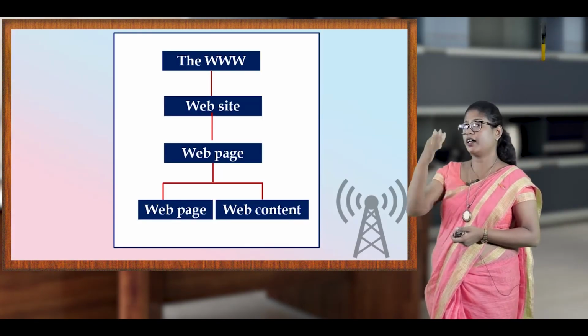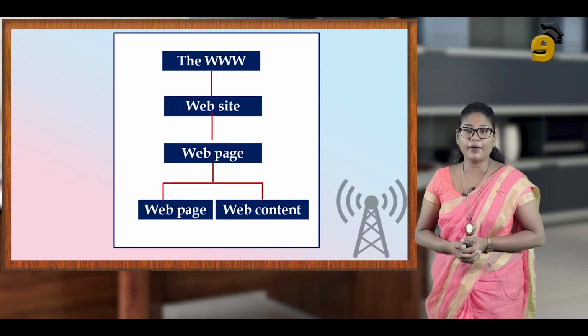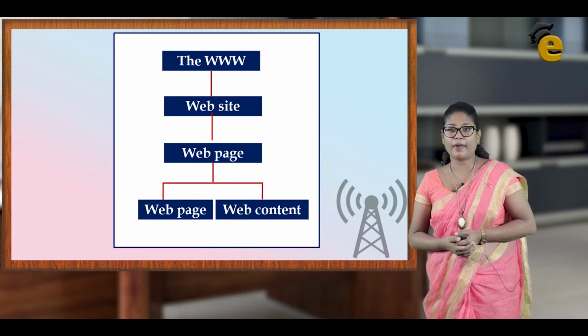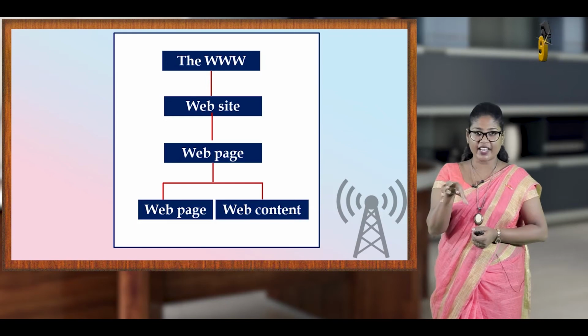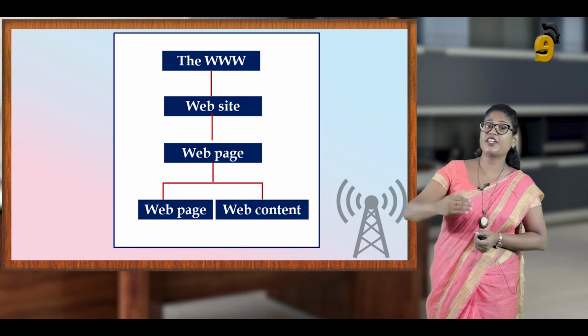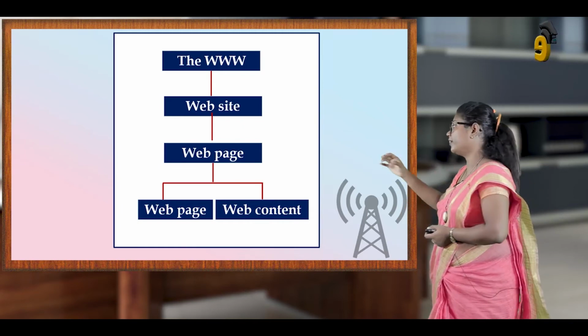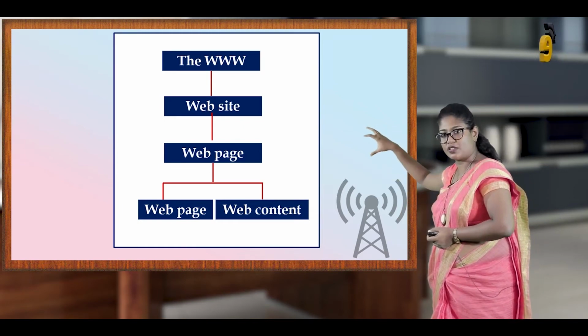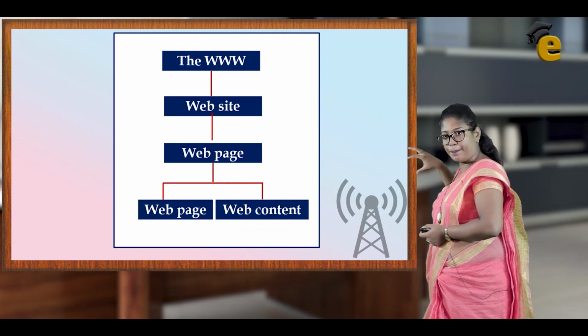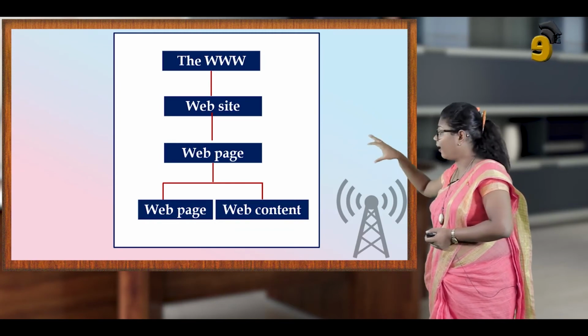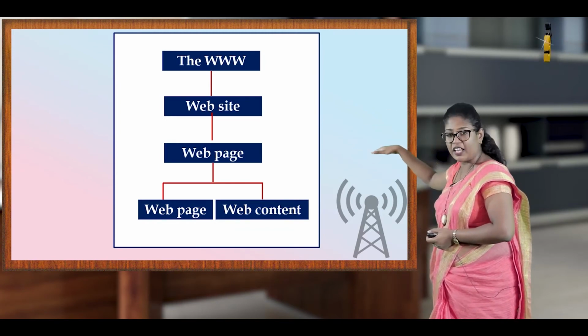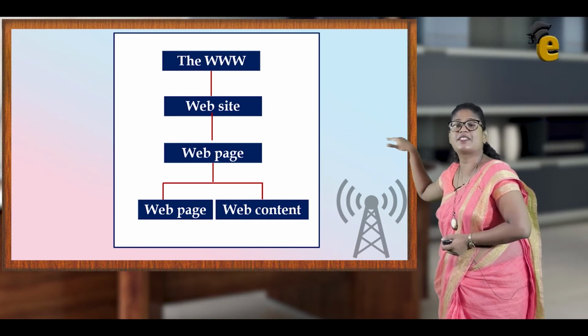This is the logical schema of the WWW. The WWW forms a website to search on. If we talk from bottom to top, web page components and web content form a web page. Then the web page will be routed to the websites.